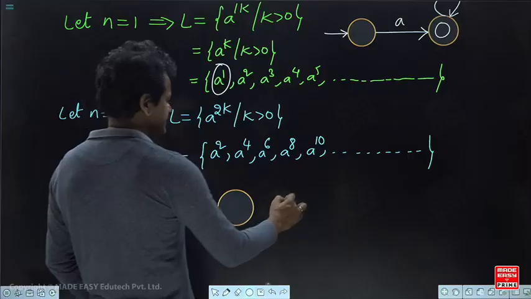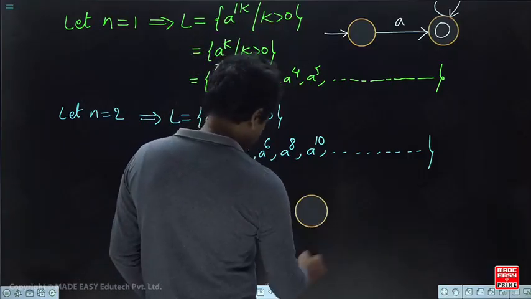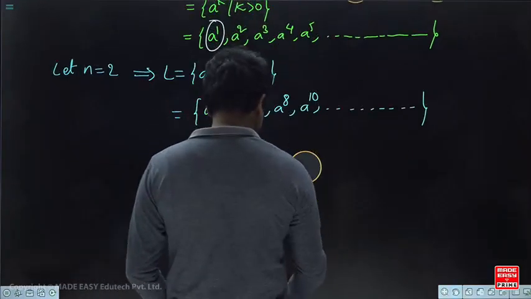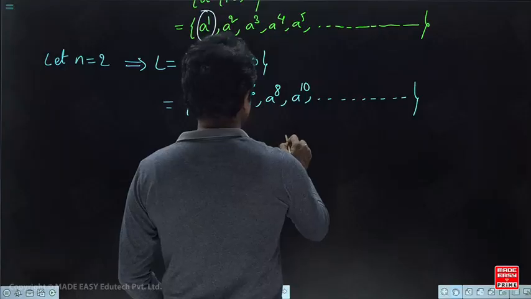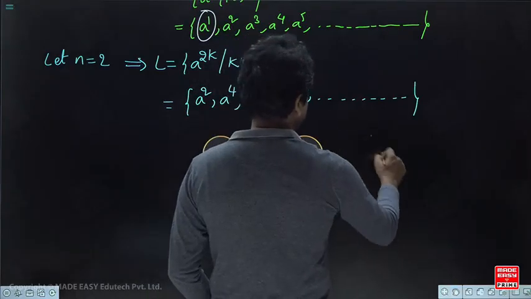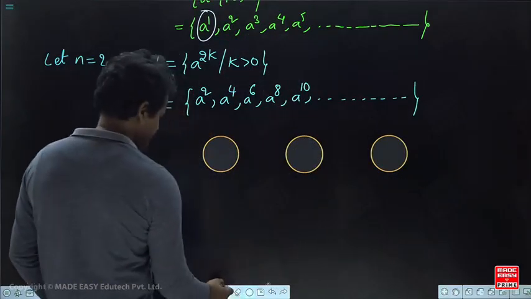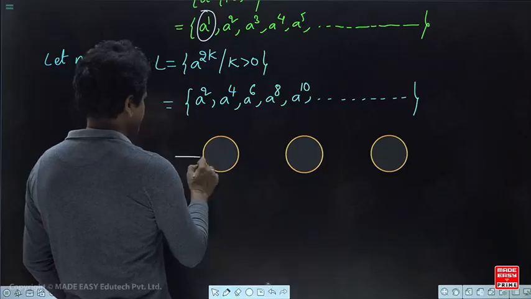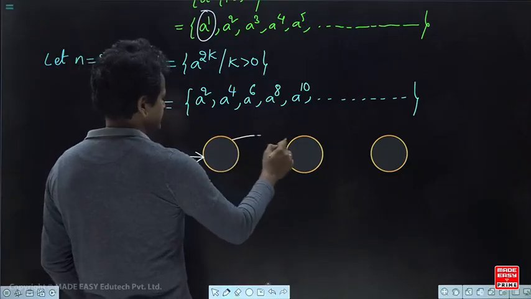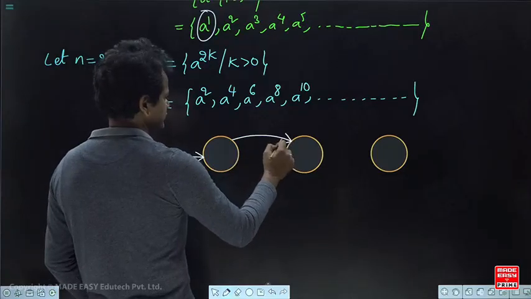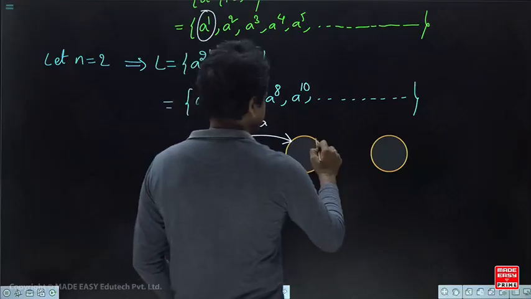How can you accept a square? To accept a square, we need 2 states. Now, look at this one. So, a square. First a. Then second a.